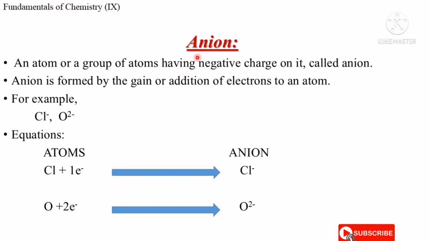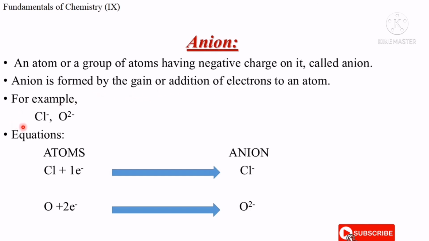The other type of ion is the anion. When an atom has a positive charge, that is a cation, as we have already read, and now we are going to learn about anions. An atom or group of atoms having a negative charge on it is called an anion. An anion is formed by the gain or addition of electrons to an atom.